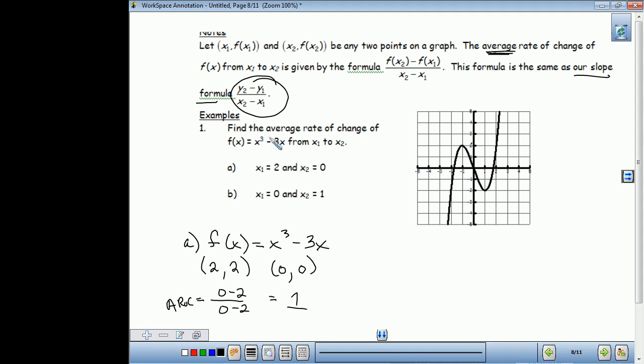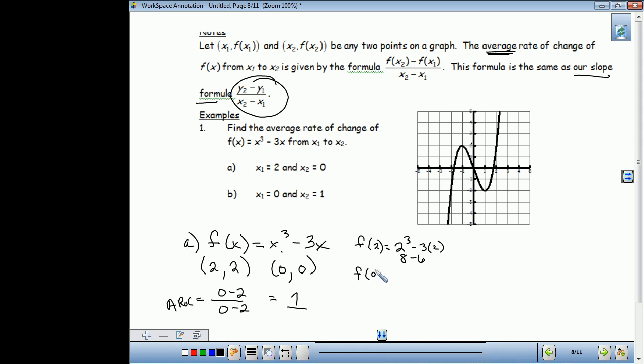I took this equation and I plugged in 2. 2 cubed is 8 minus 2 times 3 is 6. So 8 minus 6 is 2. When I plug in 2, I evaluated the function for 2. When I plugged in 2, I got 2 cubed minus 3 times 2, which is 8 minus 6. So you plug in 2, you get out 2.